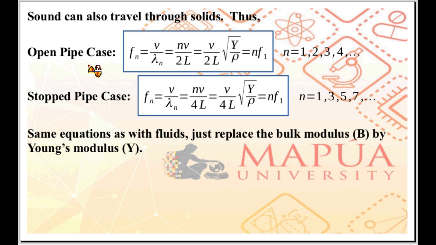Thus, for the open pipe case, we have Fn is equal to n over 2L square root of Young's modulus over volume density. While for the stopped pipe case, we have Fn is equal to n over 4L square root of Young's modulus divided by volume density.